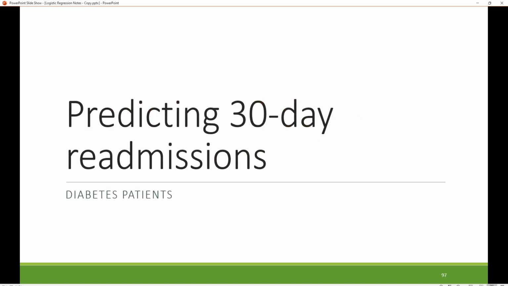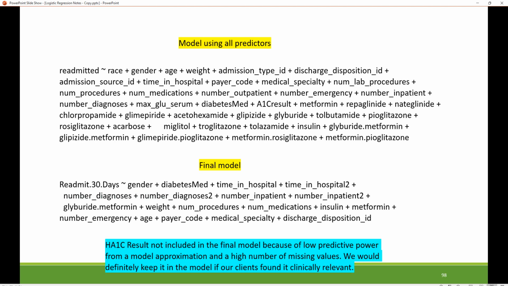Our data is predicting 30-day readmissions for diabetes patients. This is an example where we have a lot of variables and a lot of data. We initially begin with a model using all predictors, and we can consider readmission, or being readmitted, as defined by race, gender, age, weight, and many other variables.